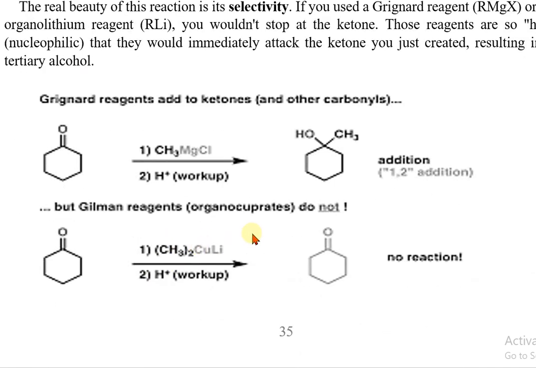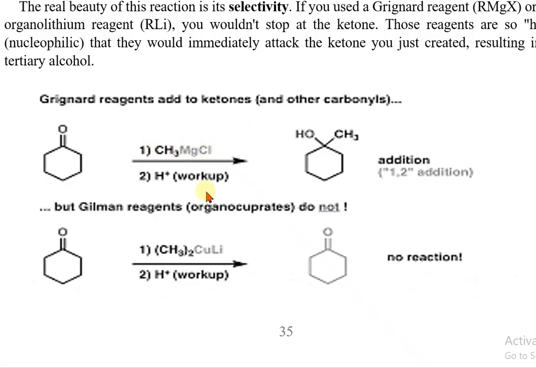So to give you the tertiary alcohol. Again, look here, ketone. With the Grignard reagent, the ketone can go further to give you tertiary alcohol. But with the Gilman reagent, no. The ketone will not react with this reagent, and it will stop at the ketone. So it is a mild reagent, not like Grignard.